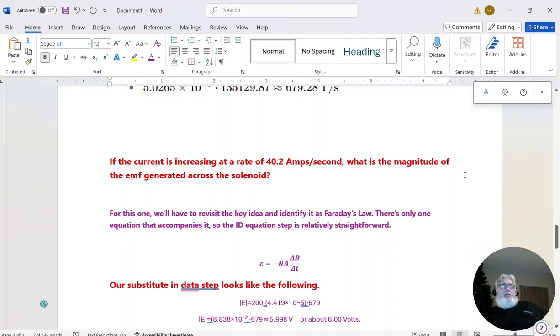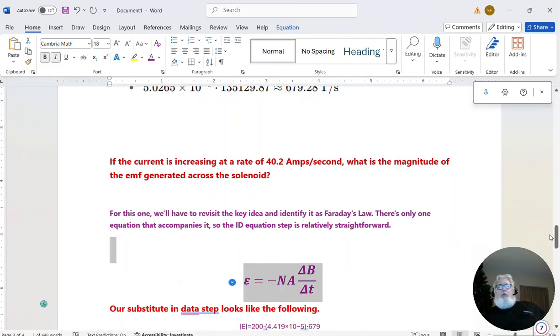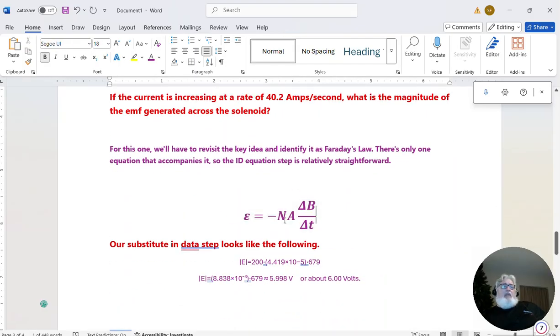Okay, what's the magnitude of the EMF generated across the solenoid? Can I make this bigger? There we go. The EMF generated is just going to be Faraday's law. It's going to be minus, that's the negative sign, that's the Lenz's law portion of this, that this EMF is going to oppose the changes.